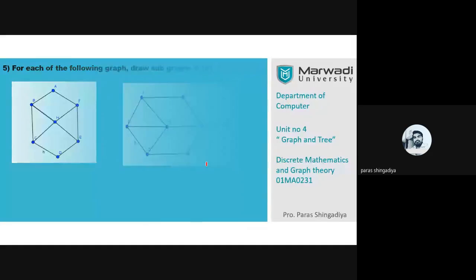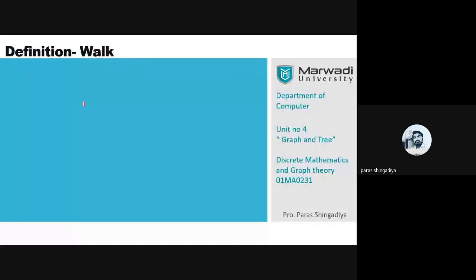So that exercise was completed in the last lab, and now the next topic of this unit is walk. It is also a very important topic to understand two well-known graphs in graph theory, that is the Euler graph and the Hamiltonian graph.